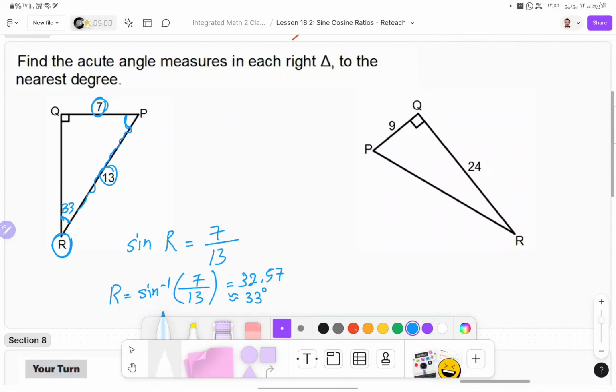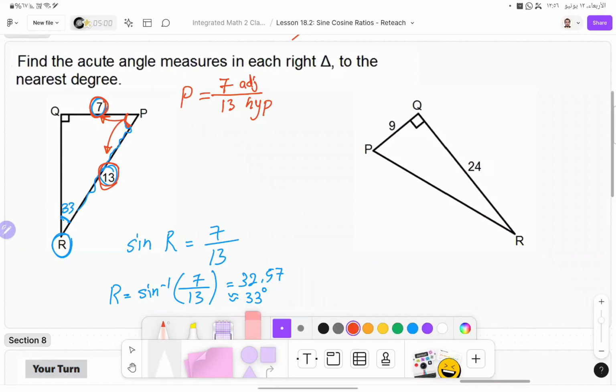Now let's find angle P. As I told you, do the same thing. P is this one here. The given sides are 7 and 13. 7 is my adjacent related to the angle P, and 13 is my hypotenuse related to the angle P. So which trigonometric ratio can I use here?